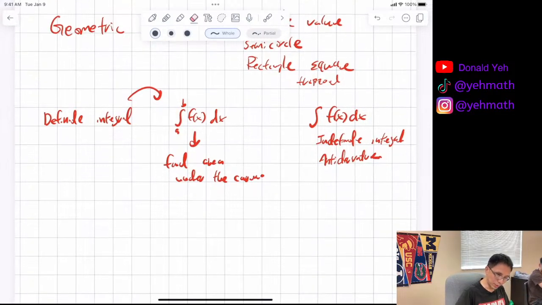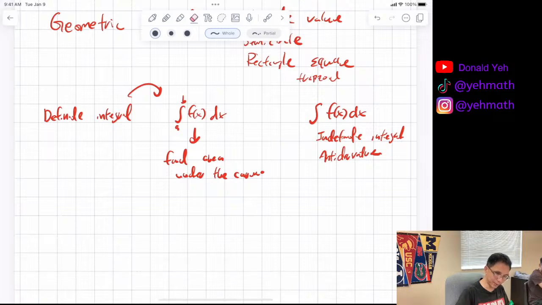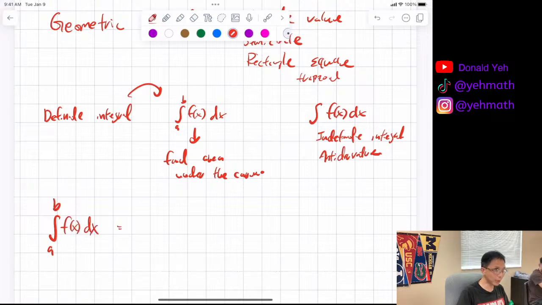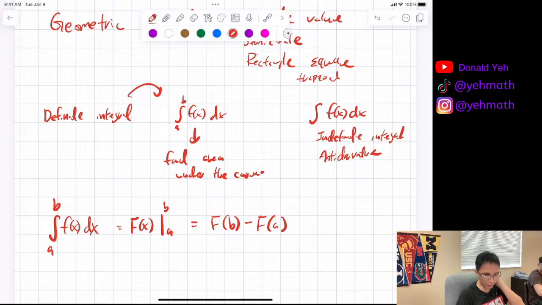So how do we do it in calculus? We never talked about calculus until now. The integral from a to b of f of x dx: if you integrate something, it's going to be capital F of x, evaluated from a to b, and that's equal to F of b minus F of a. So some people ask, what's the notation difference?